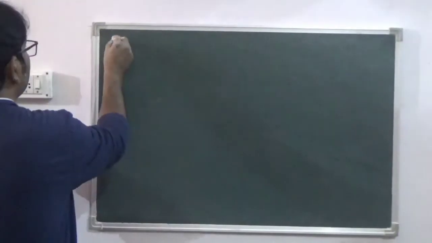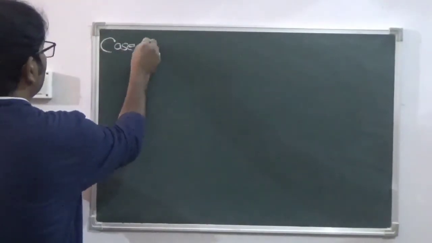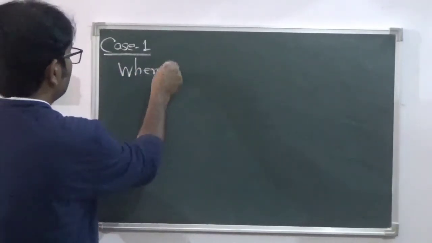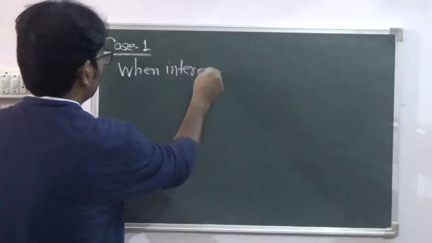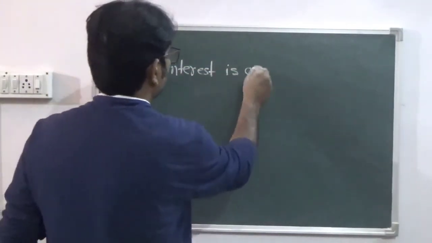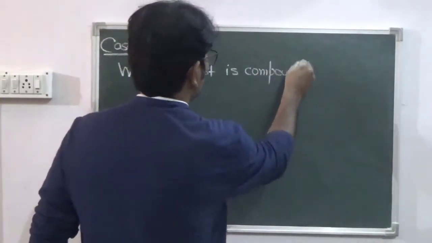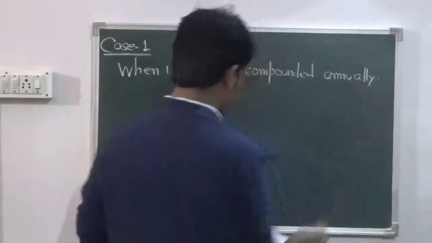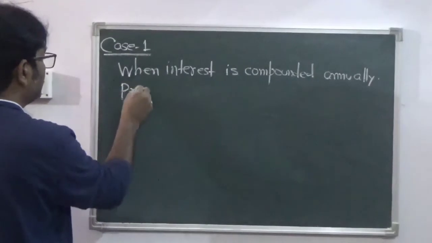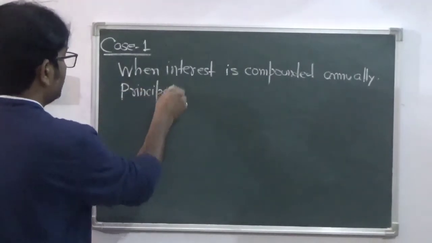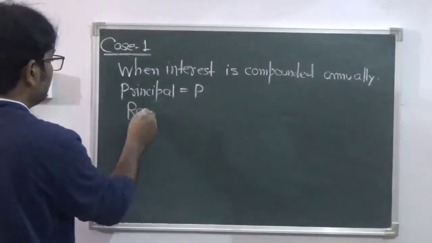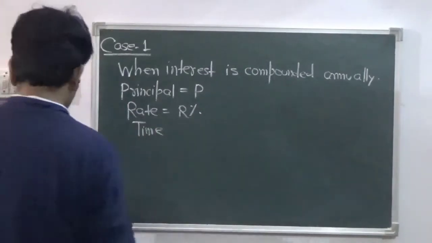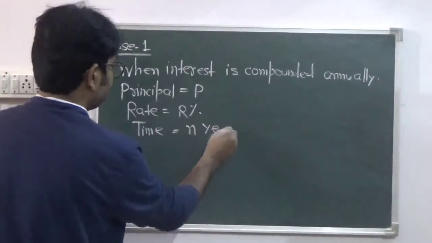Case 1, when interest is compounded annually. So principal equals to P, rate equals to R%, and time equals to n years.